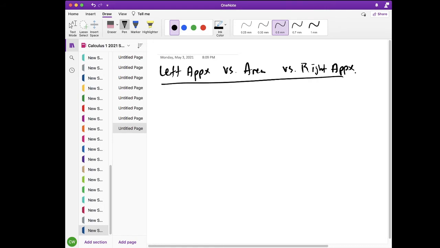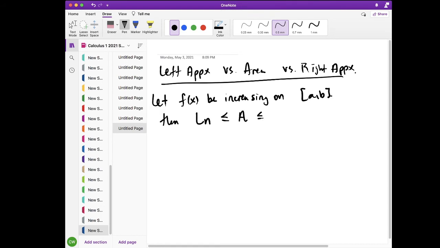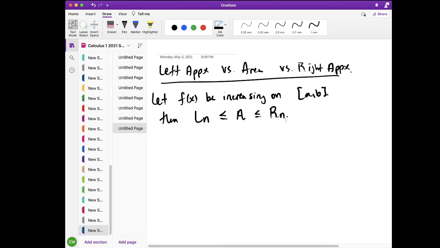Okay, so here's where we're going to bring in the increasing and decreasing. Let f of x be increasing on AB. Then L of n is between the area and R of n. Okay, so let's see why this is true.